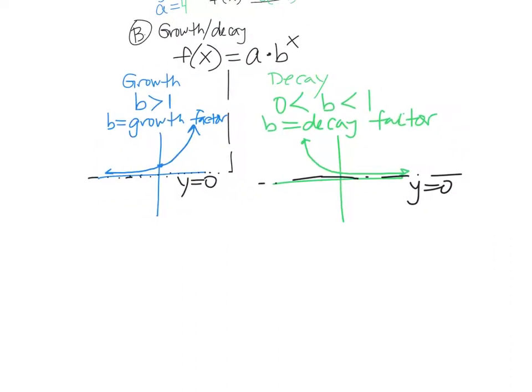So for growth and decay, let's talk about the domain and range because they're the same for both. The domain, hold on. Let's go back to this color. Domain for both of these, for growth and decay, the domain are the x values. Now if you look at the graph, the x values range from all the negatives to all the positives no matter what. So the domain would be all real numbers.